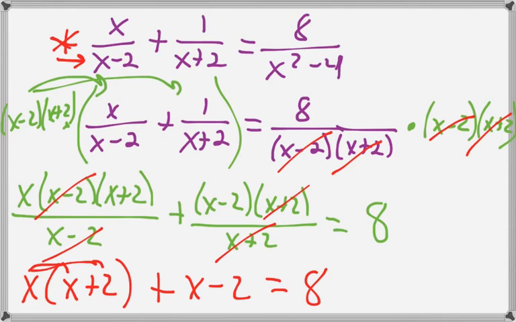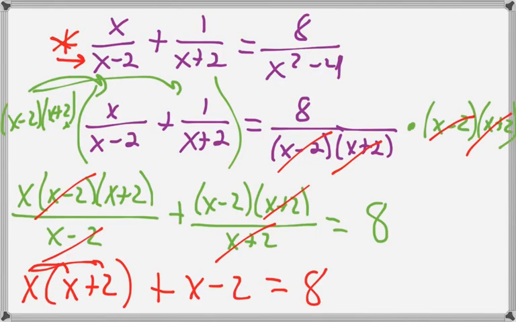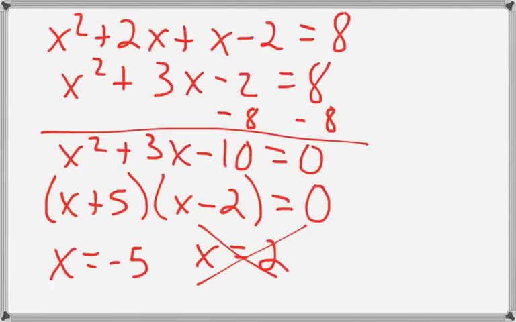So 2 can't be a solution because substituting it in doesn't result in a true statement. 2 is not a solution. However, if we substitute negative 5 for x, none of the denominators become 0. So negative 5 is the only solution to the rational equation.